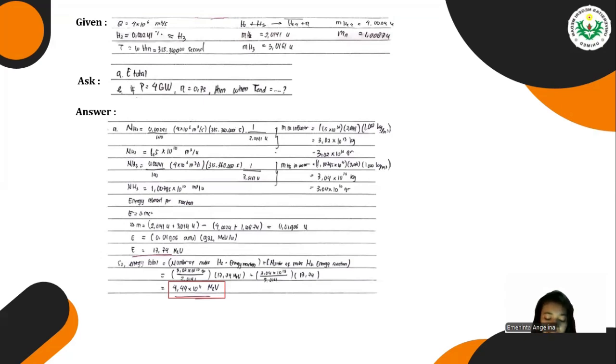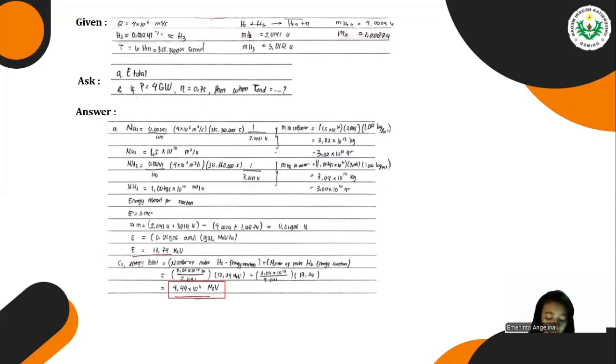We get the delta M is 0.01906 U, and we substitute in the equation where the energy is equal to change in mass times the speed of light to the power of 2. We get the energy is equal to 70.74 MeV.